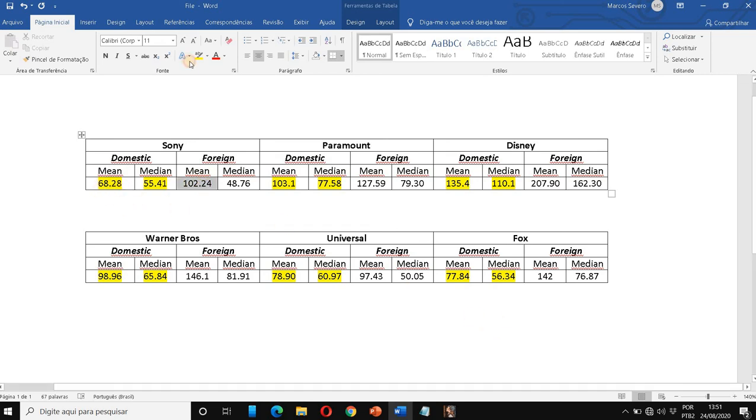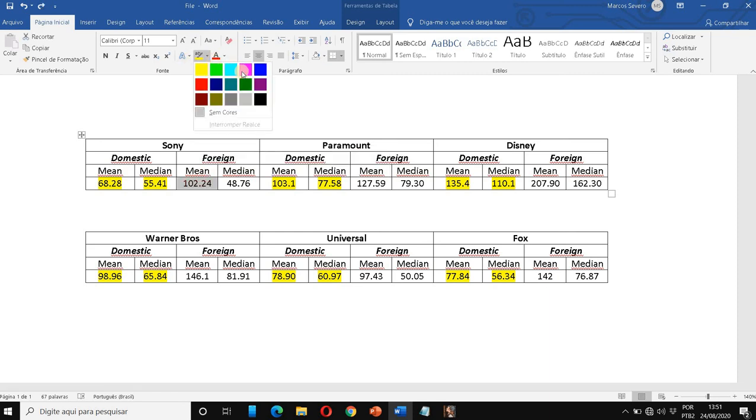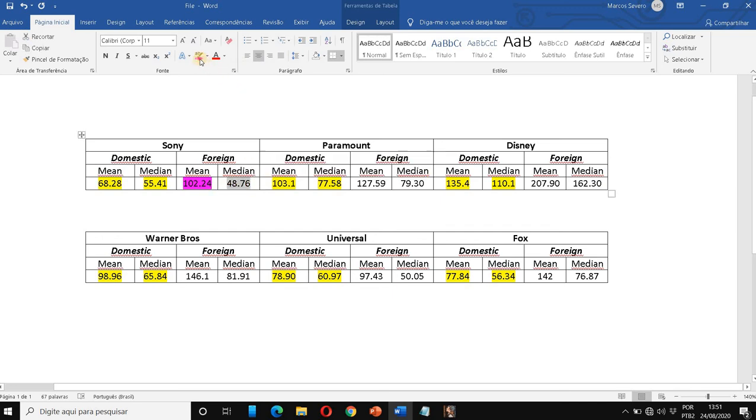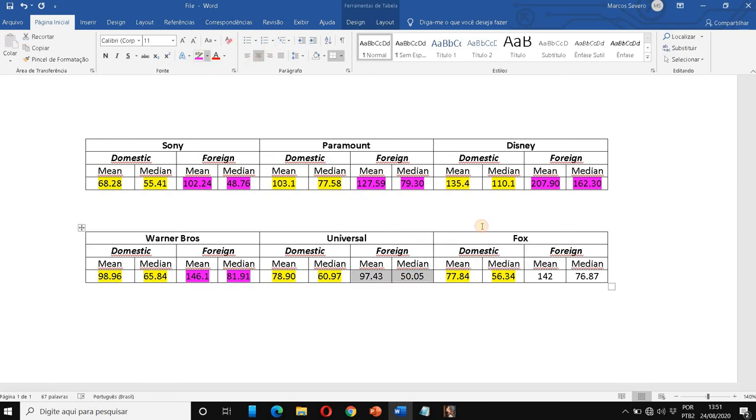So now we're going to analyze the foreign market, so the external market, and now I'm going to put this in purple. So in the case of foreign markets, Disney also took the lead with more than $200 million.